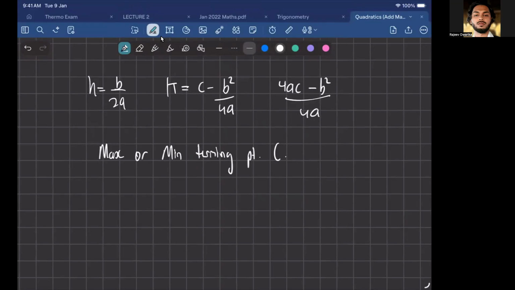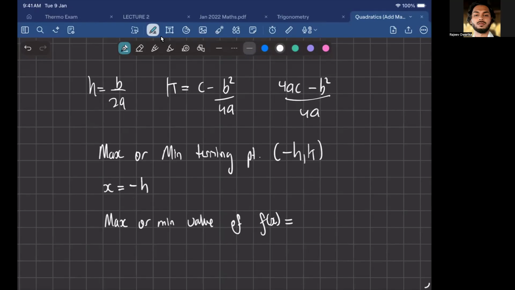Minus H, comma K. Right. If I wanted to figure out the axis of symmetry, that would be x is equal to minus H.